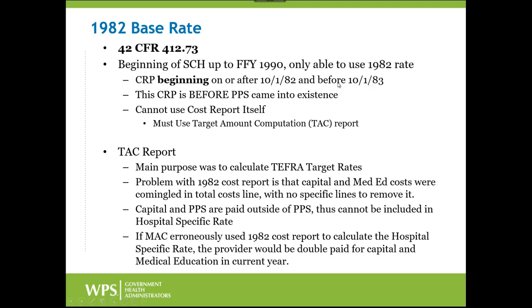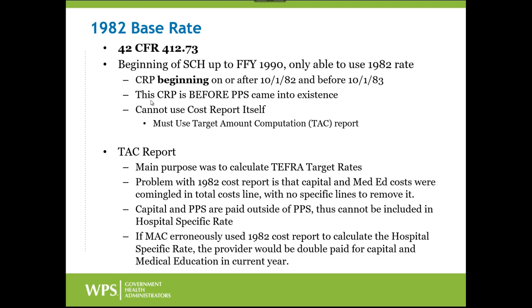in the regulation. Now, the important part about this 1982 base rate is that cost reporting period is before the prospective payment system even came into existence. What that means is the data reported on the 1982 cost report and the calculations themselves do not take into consideration many of the rules that apply to PPS.